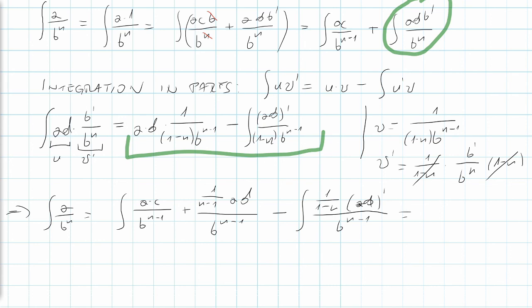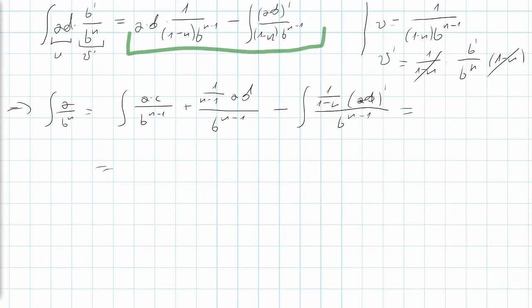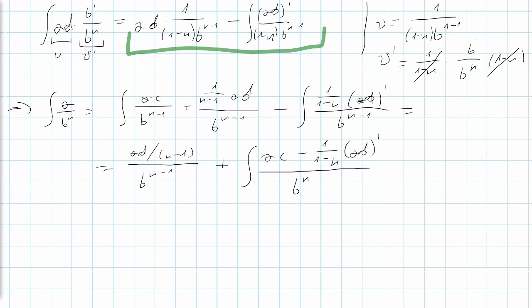And now we can again use the linearity of the integral and write it as, okay, it will be a d over n minus 1 over b to the power n minus 1 plus the integral of a c minus 1 over 1 minus n a d prime over b to the power n minus 1.